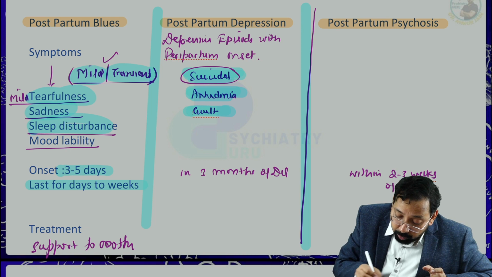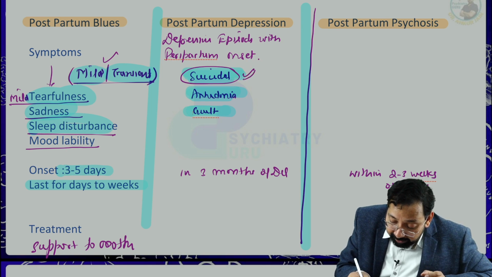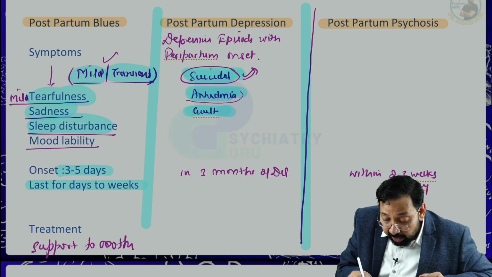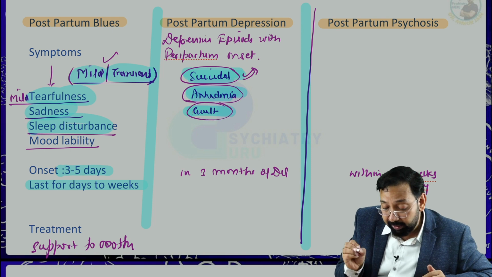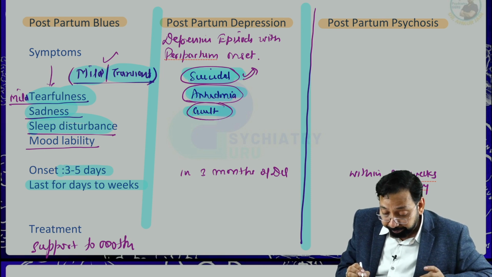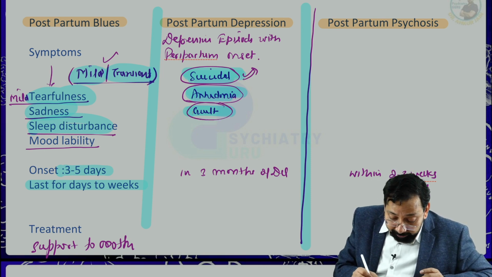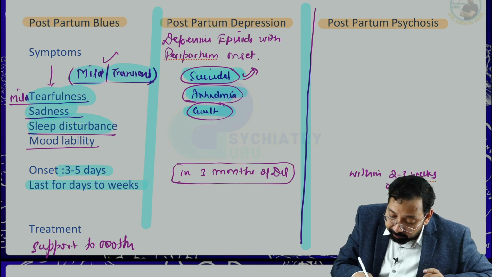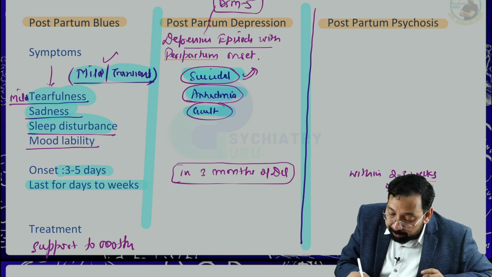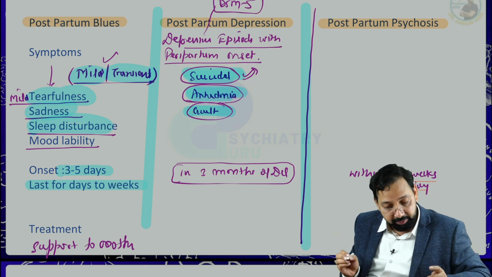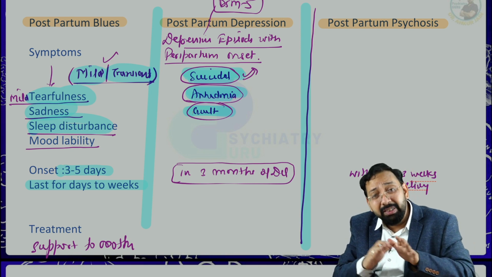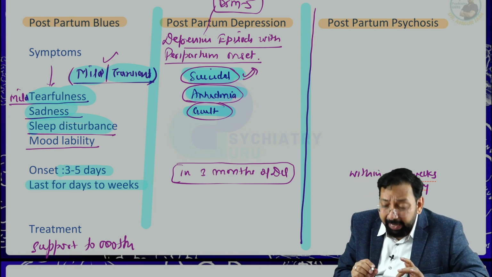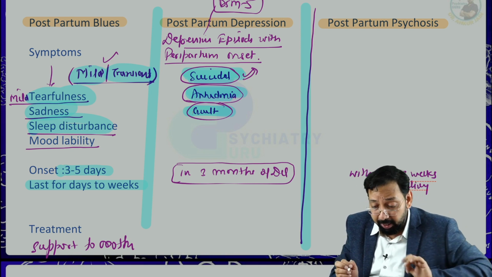So in the same question, if they give the words suicidal ideation, anhedonia, guilt, you will think of it. Onset is within 3 months of delivery. And in DSM-5, the name is depressive episode with peripartum onset. Duration is also different, but the criterion is symptom severity.